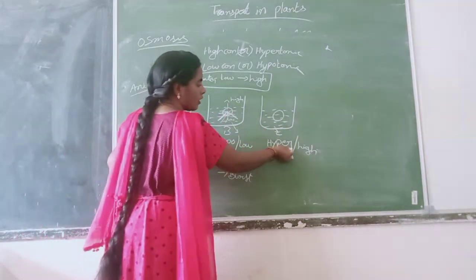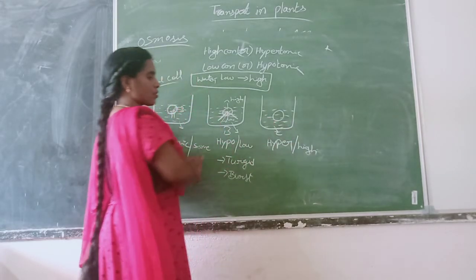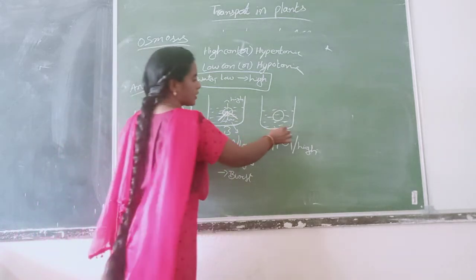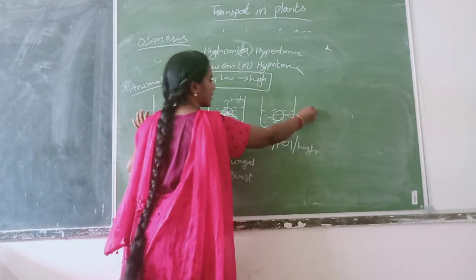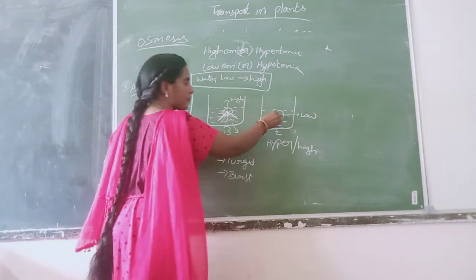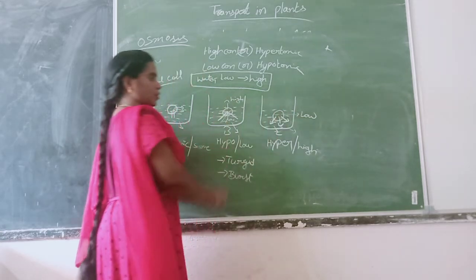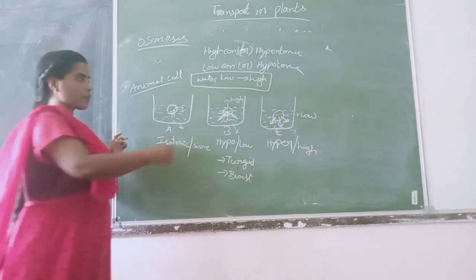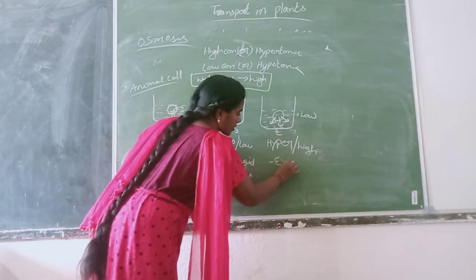Next, in the third case, what happens? Here, the beaker containing solution is high concentrated and the animal cell has low concentration. The reverse will happen. From this animal cell, water molecules will move out. This process can be called exosmosis.